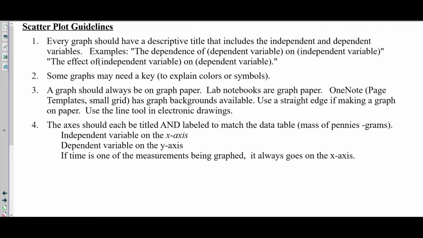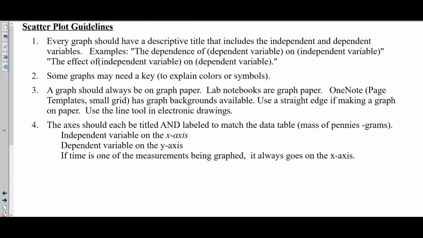I want it to say something about the correlation between the number of pennies and their mass. There are some examples there: the dependence of y on x, or the effect of x on y. Sometimes you're going to need to put a key to explain some symbols. This will be especially useful when we're graphing more than one line on the same graph.